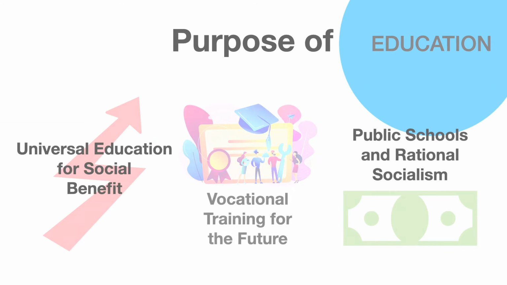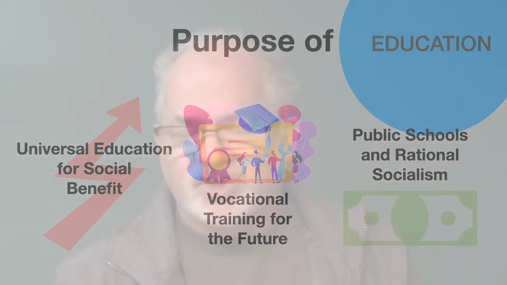Now, finally, we see the third purpose here is vocational training for the future. Preparation for that. Education is supposed to be the place, the bleeding edge of technology, where people are not only learning what they have to know now to enter into the field, but what they will need to know and be able to do as that field changes.